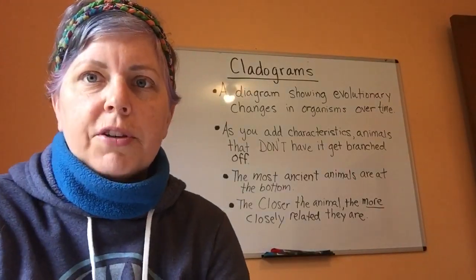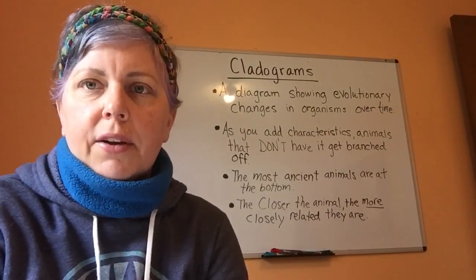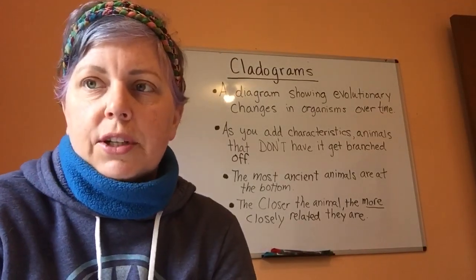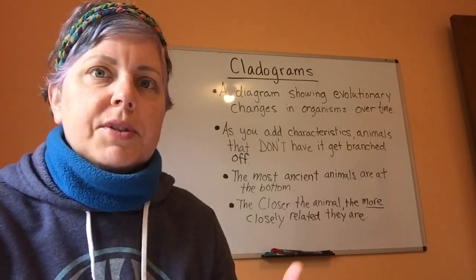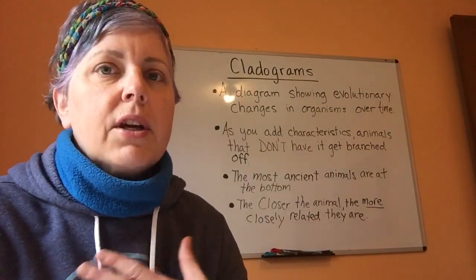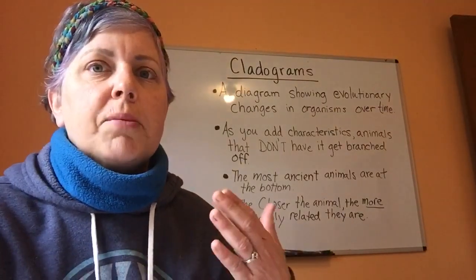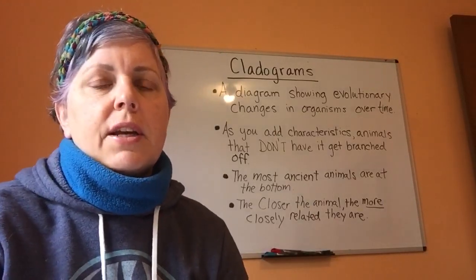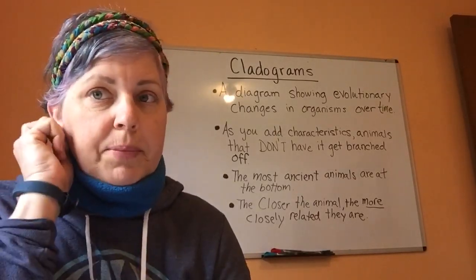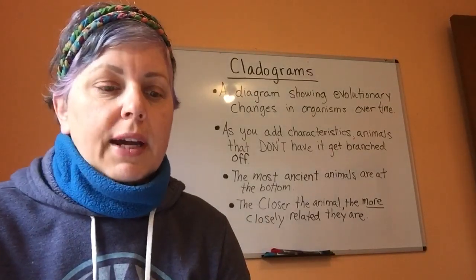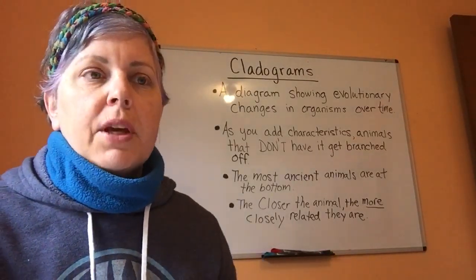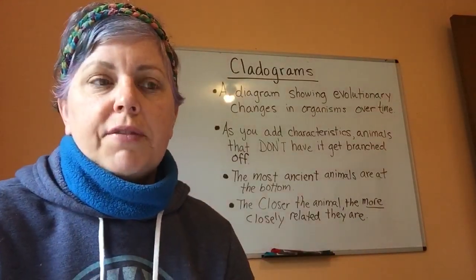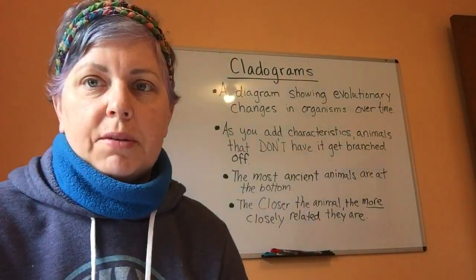First of all, what it is: a diagram that shows the change in animals over time. So it's an evolutionary change. When new characteristics arrive in the fossil record, that shows that an animal has evolved. And so a cladogram is showing the different ways that animals evolved over time. As you add characteristics on a cladogram, if an animal that you're trying to branch off doesn't have that characteristic, then you have to branch it off.